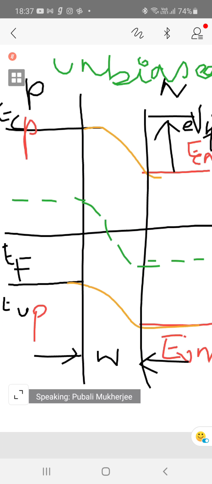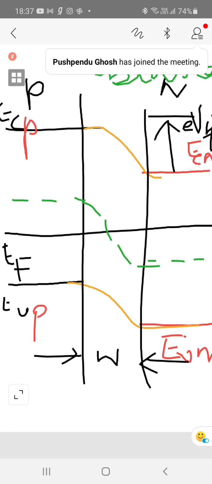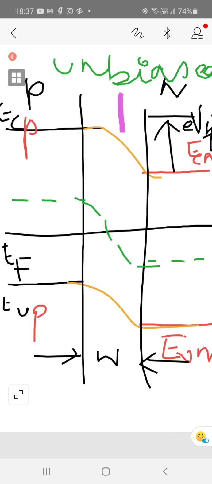You can start from anywhere. First, if I think that the depletion width decreases, let me draw a vertical line in this purple color. I'm using a pen so that it becomes broad. Let us think that you're applying a certain value of the forward bias voltage and the depletion width decreases.